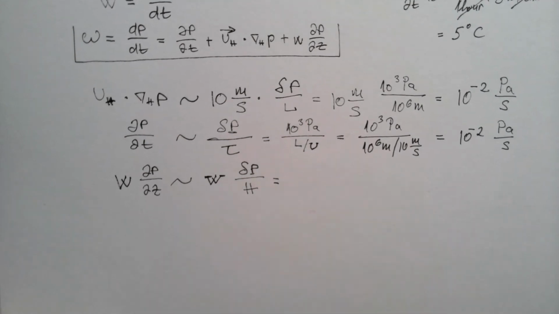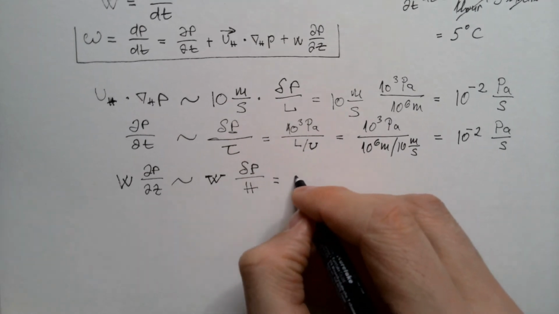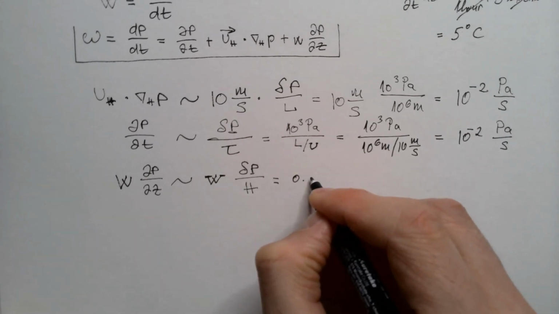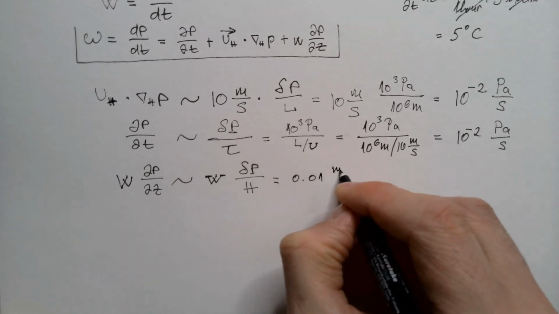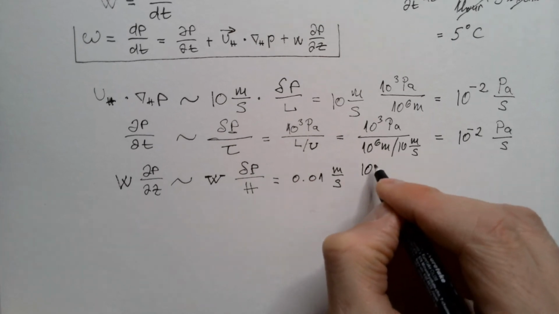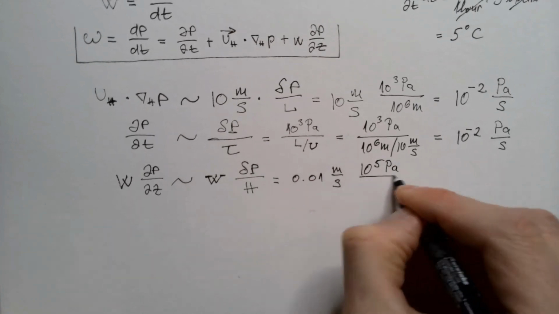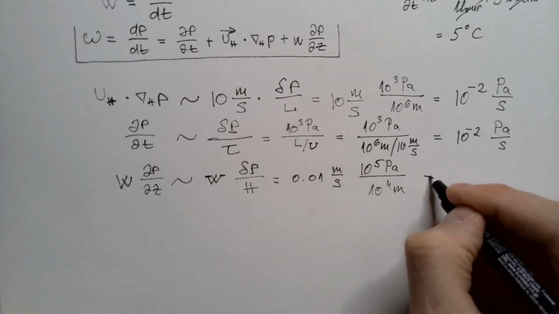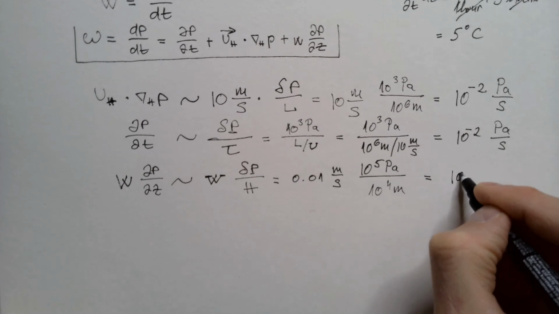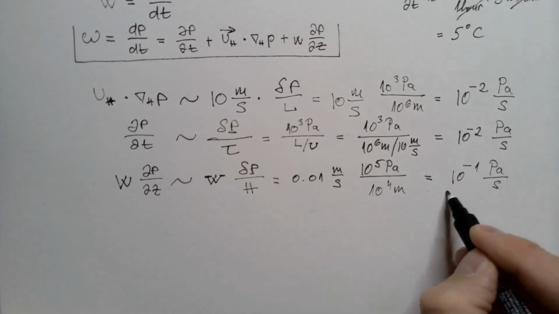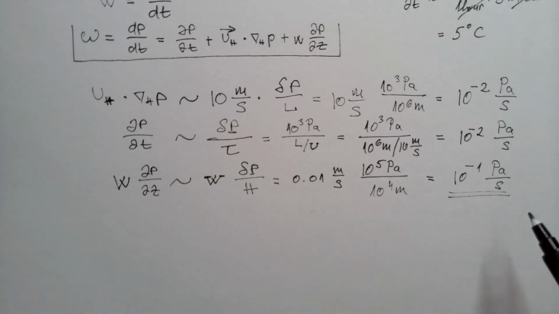So this is equal, characteristic value of W is 1 centimeter per second, so 0.01 meters per second. Delta P is 10^5 pascals, and h is 10 kilometers, which is 10,000 meters. And if you calculate this, you will get that this number is 10^-1 pascals per second. So you see that this term is one order of magnitude larger than the other terms.